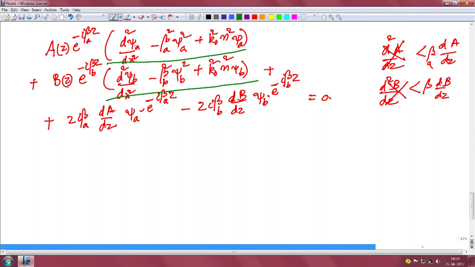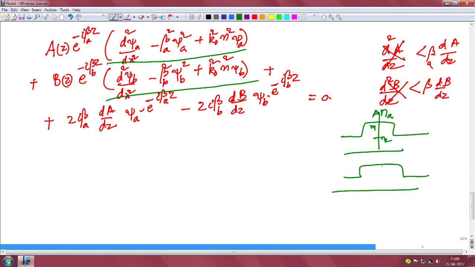As you know, d psi a by dx, or psi a and psi b, satisfy individual waveguide modes, which means that if you have a refractive index profile like this for each of these modes, refractive index profile N A and N B, which has got N1 here and N2 at this boundary, and the actual profile is like this, the given refractive index profile.